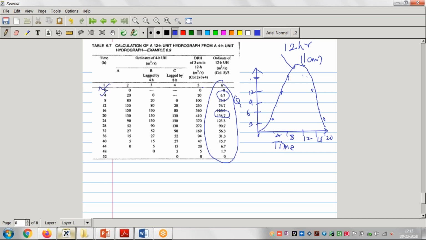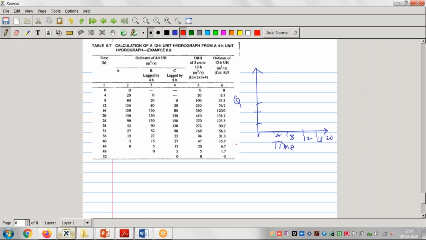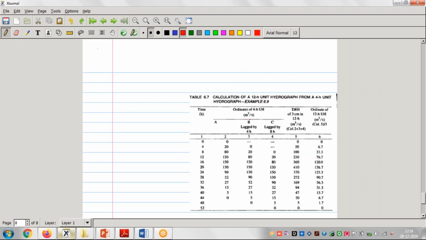If I divide this ordinate by 3, I will get the unit hydrograph for 12 hours. Is this okay or not okay? I hope this is clear. Yes, Doctor, clear, alhamdulillah.